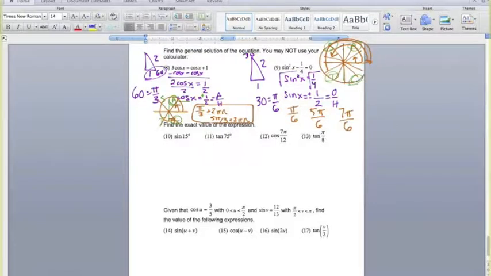In the last quadrant, I go 11 pieces. We always want to go to the one that's closest to the x-axis, so either just before it or just after it. And then on all of those, I'm just going to throw a plus 2 pi n onto the end of the whole thing.